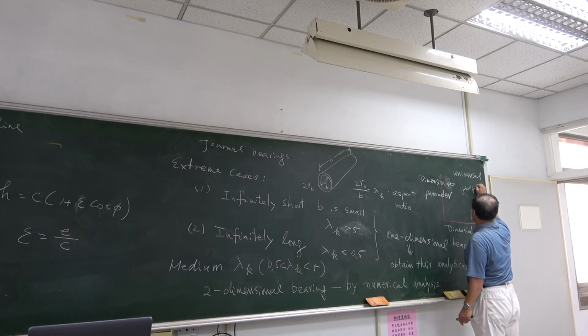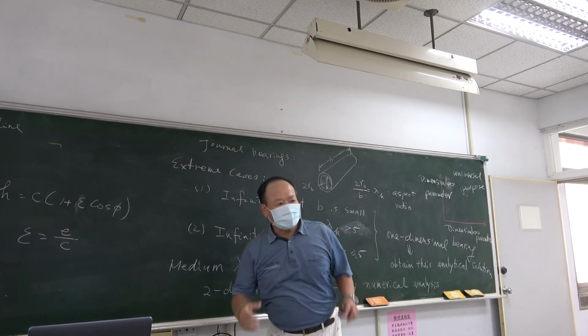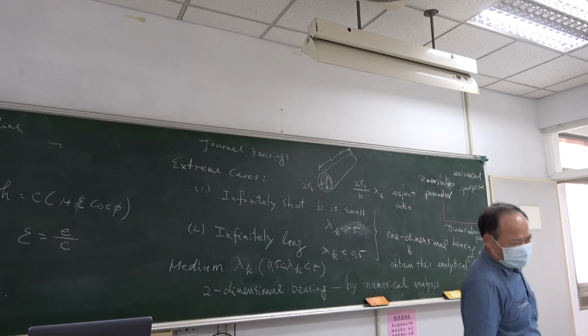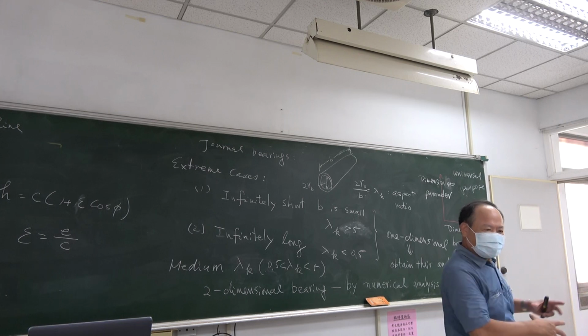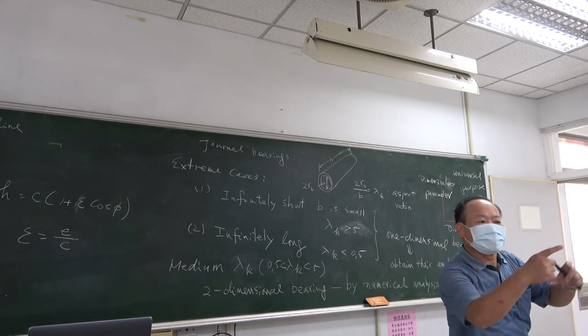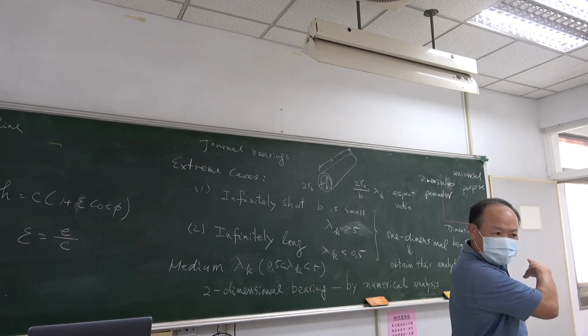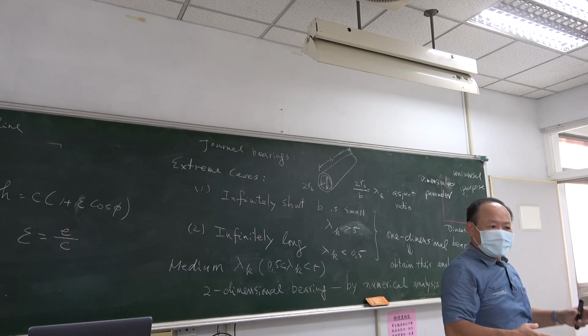What is meant by universal purpose? 它是泛用的。You don't care about this one; it is for all journal bearings. The bearing you design may be different from the one that the result came from.